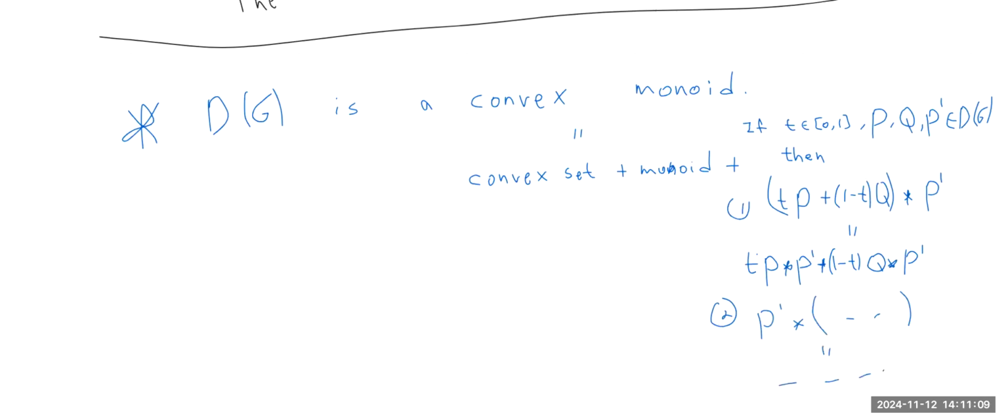From the other side it has the same property. This means that the monoid structure and the convex structure act well together.